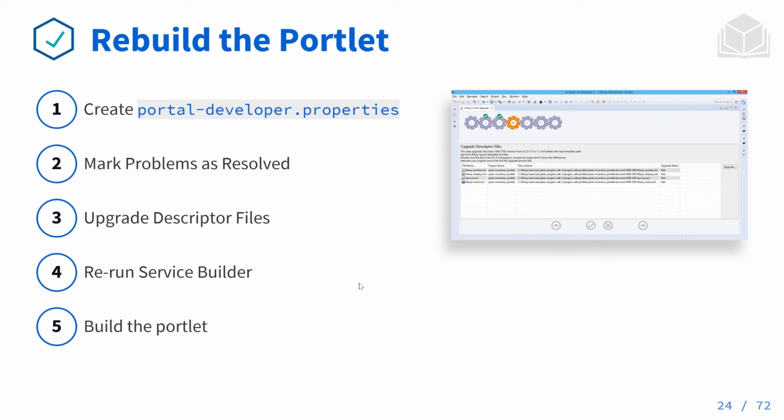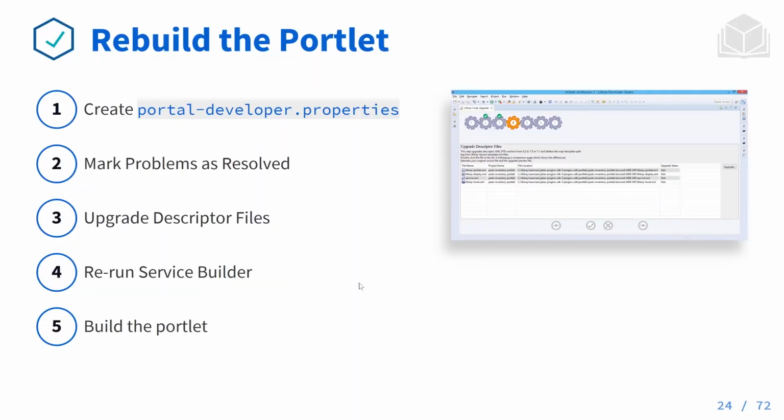We'll then let the upgrade tool know, hey, we fixed some of these things, don't worry about it. We'll update our XMLs and DTDs if needed, in this case XMLs. We'll rerun Service Builder, and then we'll build the portlet. Not quite out of the woods there. We'll still need to resolve our dependencies and do a little bit of fixing from there. But that's going to be the general idea as we go through that exercise.